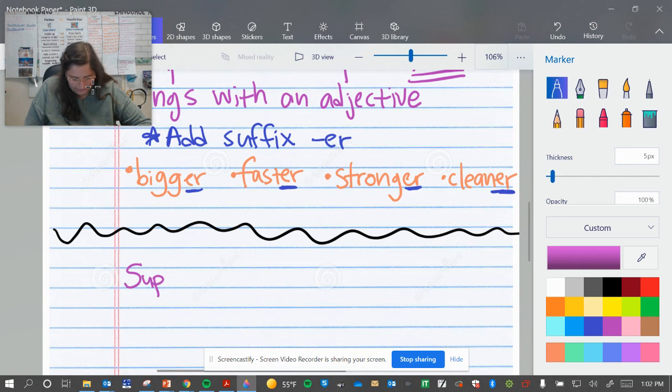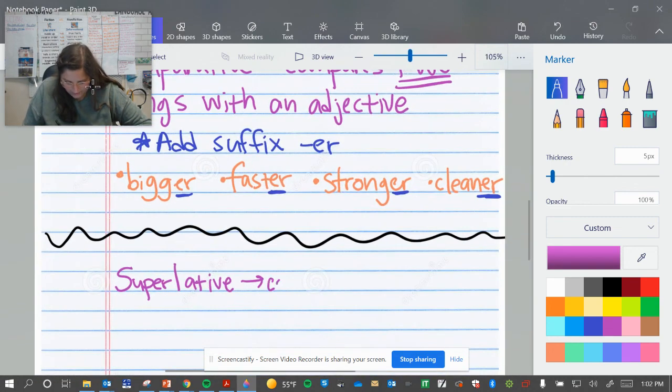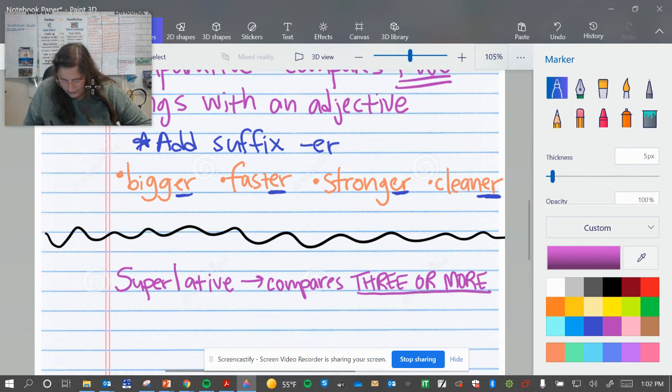Superlative, writing on the line. Some of you are famous for not writing on the line. Superlative compares THREE or more things with an adjective.